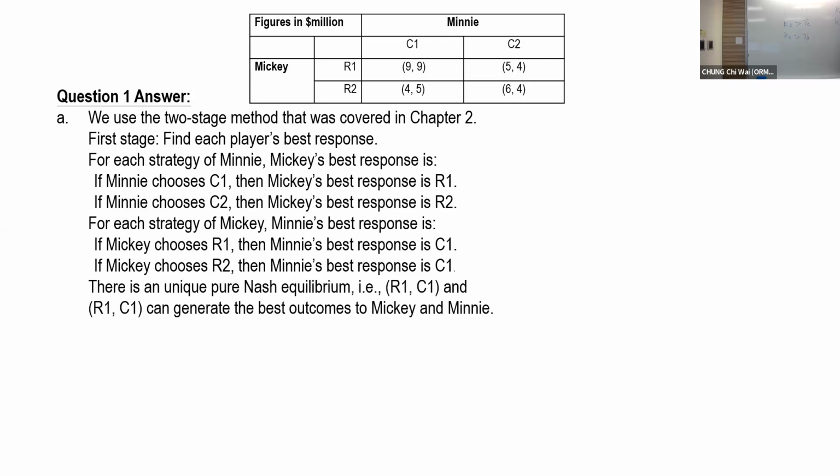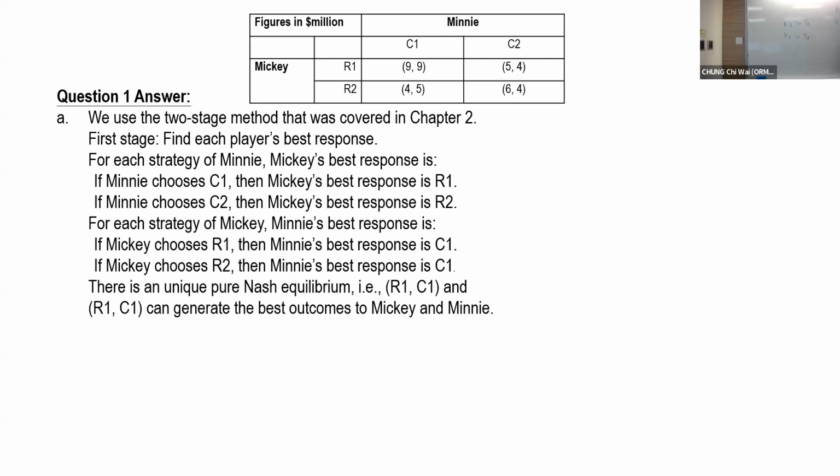Okay, and then for each strategy of Mickey, Minnie's best response. If Mickey chooses R1, then the best response of Minnie is C1, getting 9 million, while choosing C2 gets 4 million.